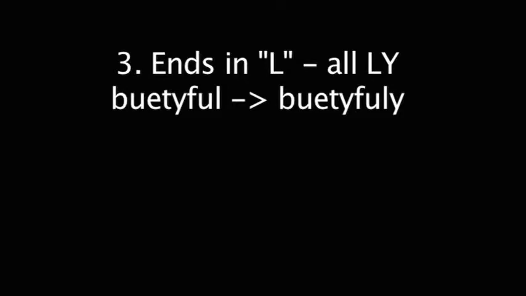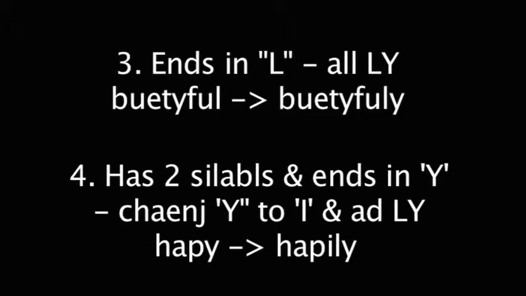So you have 2 l's. Beautiful becomes beautifully. And number 4, if the adjective has 2 syllables and ends with a y, like happy, then change the y to an i, and then add ly. So happy becomes happily.